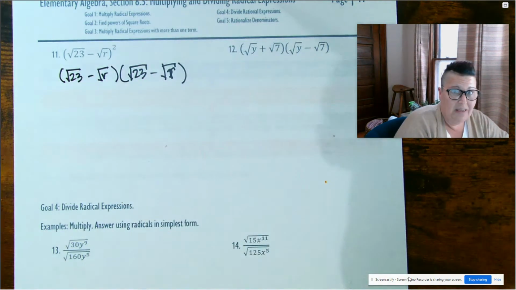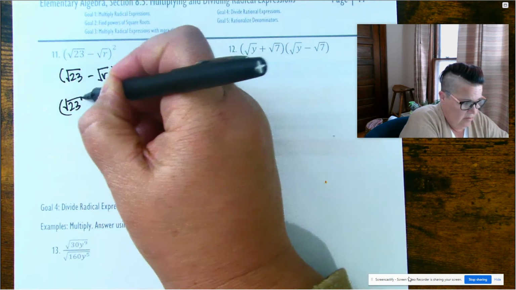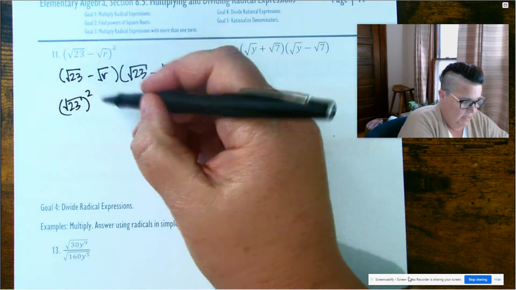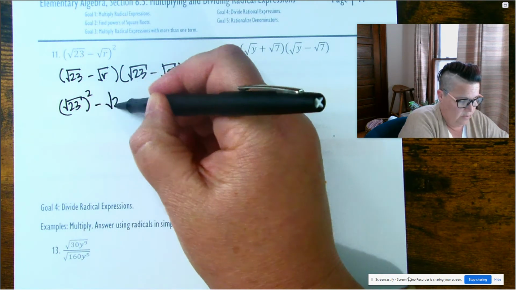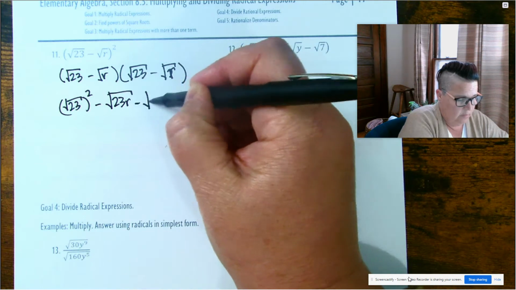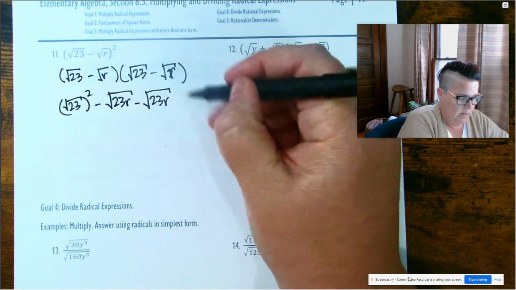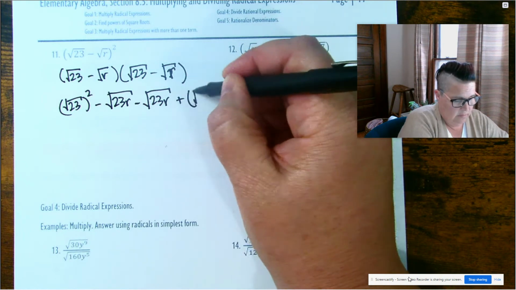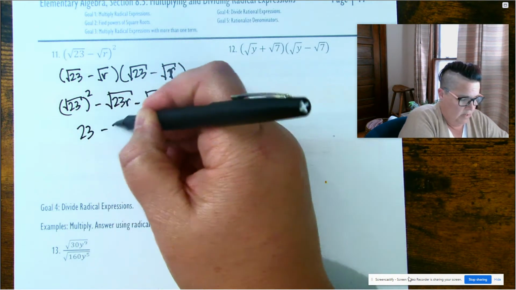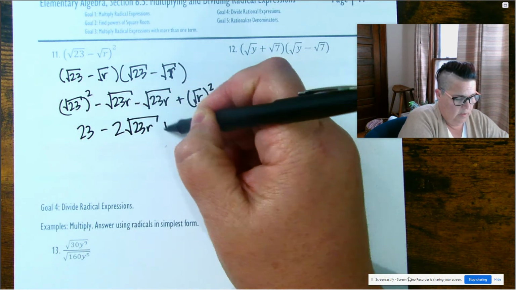So using that pattern, it's going to be the square root of 23 squared, then minus the square root of 23r on the outside and minus the square root of 23r on the inside. Minus a minus is plus the square root of r squared, or 23 minus 2 square roots of 23r plus r.